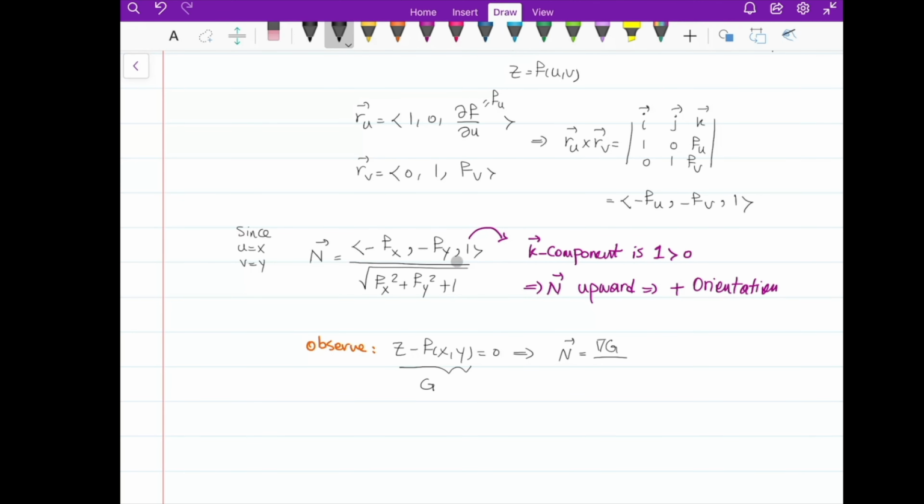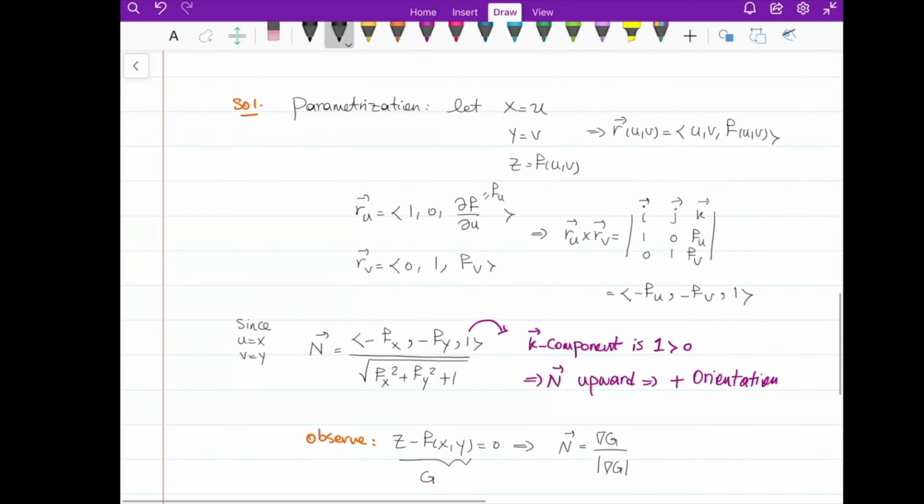Gradient of g, which is what? Derivative of g with respect to x, negative f with respect to x, derivative of g with respect to y, negative f with respect to y, and derivative of g with respect to z is 1. So if you want to memorize that, it would be much easier. So the normal vector that we define would be the gradient of the g function divided by its length.